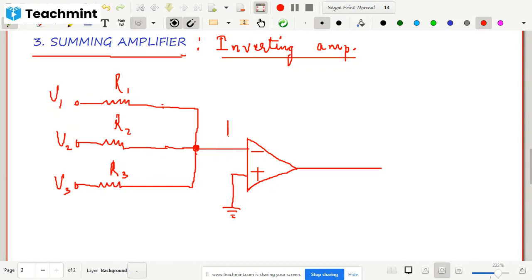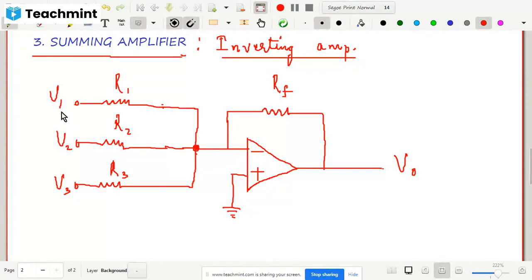Okay? So here there will be a feedback resistance, and I will call this RF. Let's say we have the output obtained here. So instead of only one input given, there are three inputs given like this. This is the configuration.